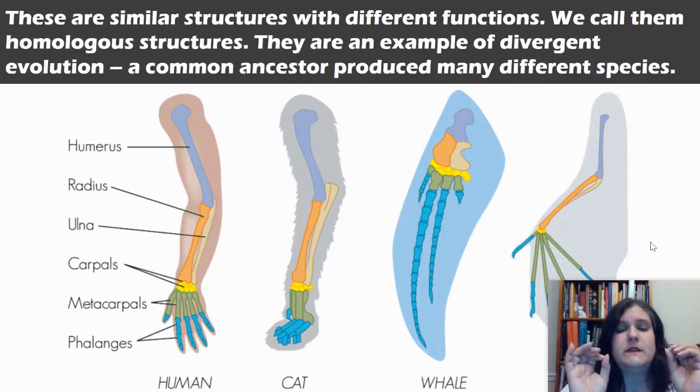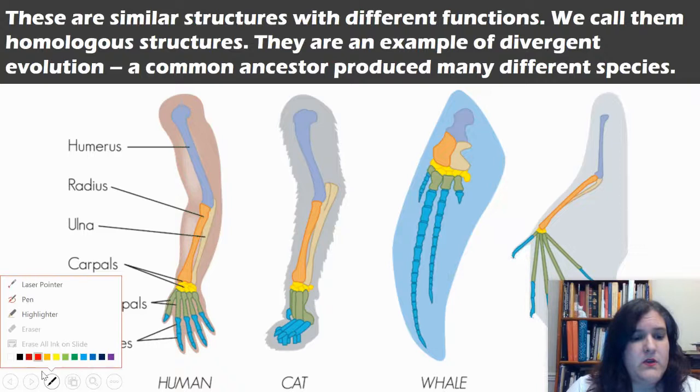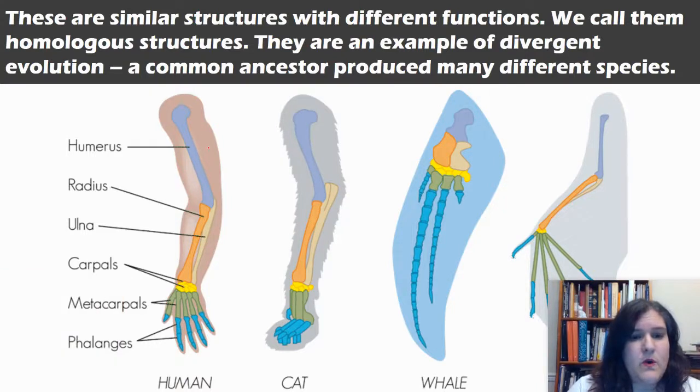And what I want you to notice is that each one of them has the same structure of bones. They have one bone, 2 bones, little bones, and digits. The human has that.